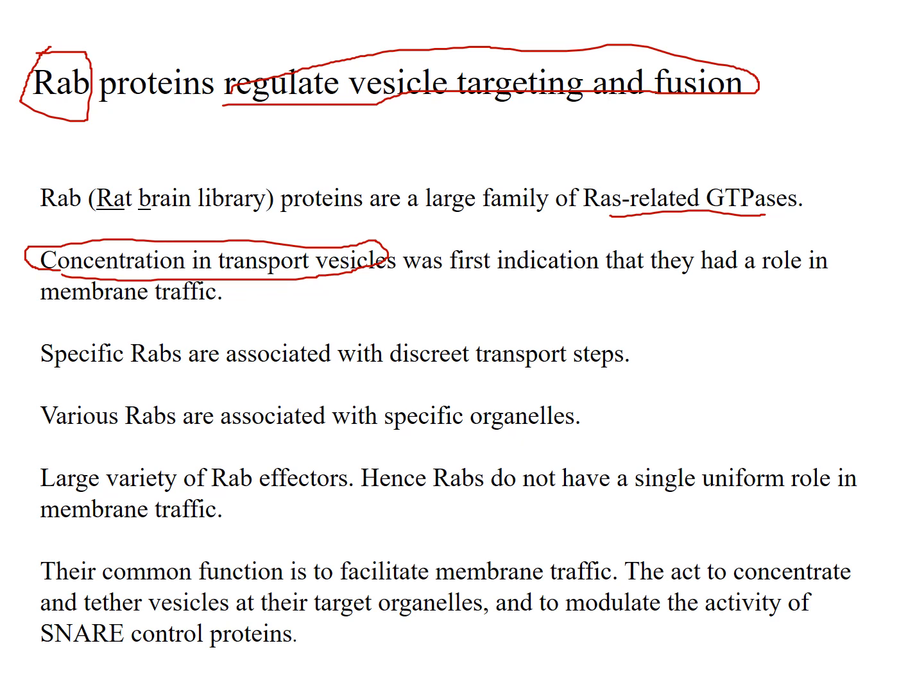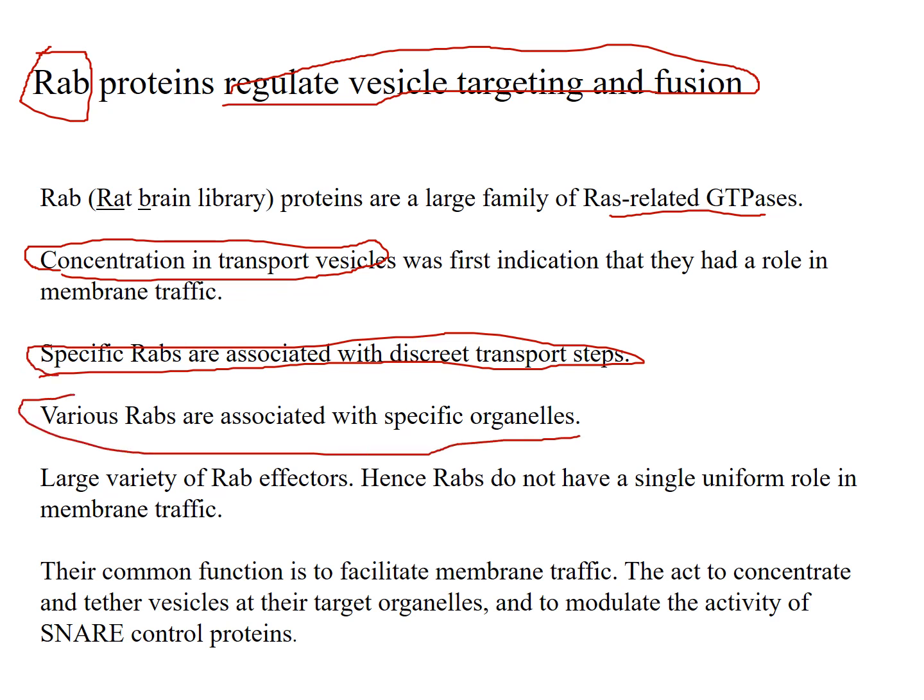So in finding them, they probably purified the vesicles, and they found these GTPases, these RABs here. We have different RABs for different transport pathways, and various RABs have their own place where they hang out and do their business, different organelles. There is a large amount of proteins that interact with RABs, those are called RAB effectors. And so they don't have just one function. Humans have 64 different RABs, not all of them in every cell.